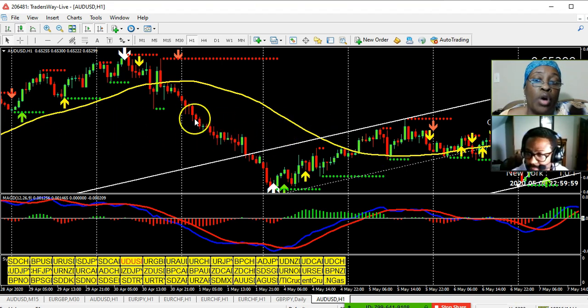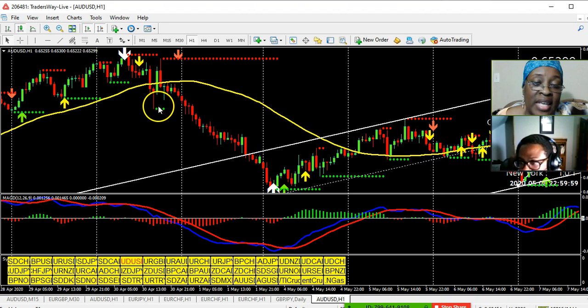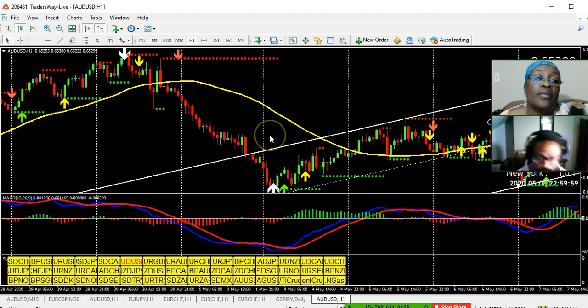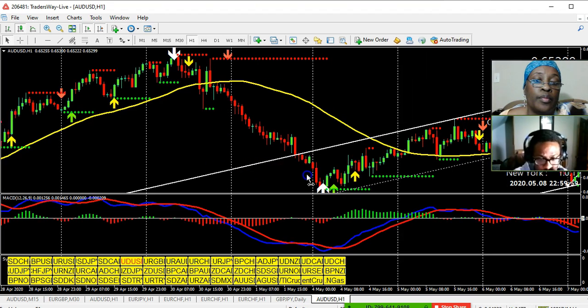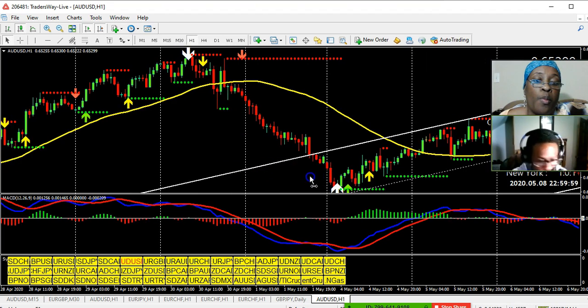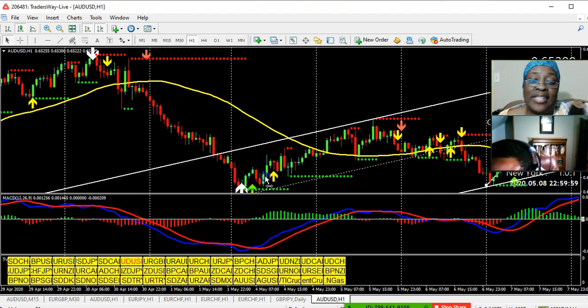Always looking left for your guidance, right? Because these support and resistance dots tell you where your potential profit levels are.